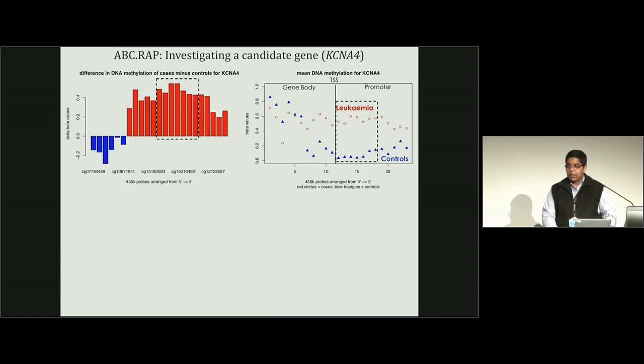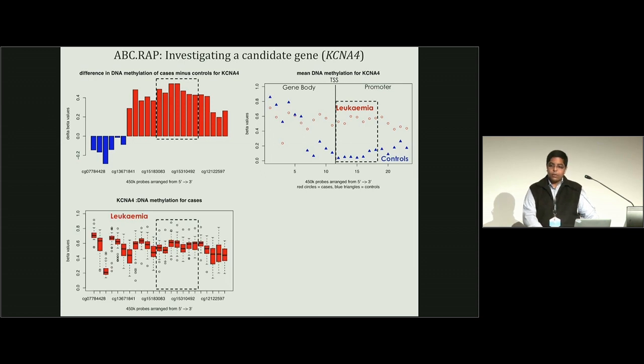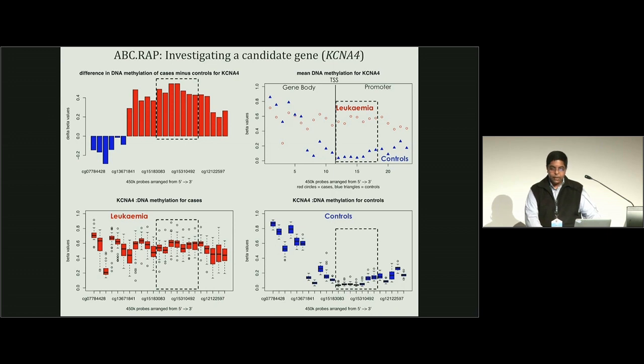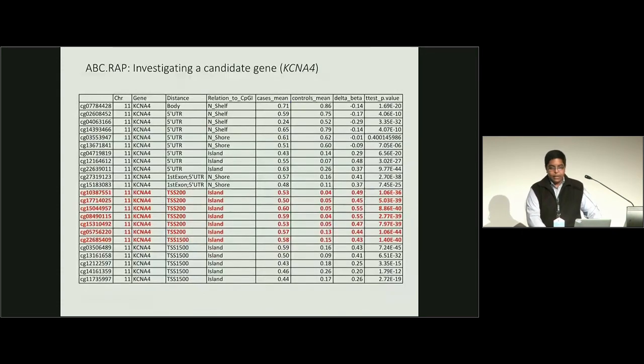At the same time, the package also provides a plot that calculates the difference in DNA methylation, which is the cases minus controls, and also provides a plot for the distribution of DNA methylation for the cases and controls. And based on these plots, you could select a region for target sequencing or for validation. Also accompanying these plots are results tables, and the region that was selected in the plots are highlighted in red here.